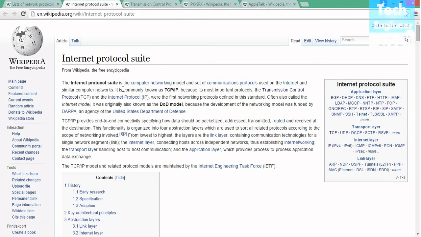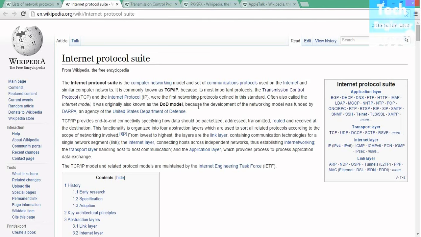It's also commonly known as TCP/IP because it's the most important protocol; the Transmission Control Protocol and the Internet Protocol were the first networking protocols defined in the standard. It is often called the internet model, and was originally known as the DoD model, because the Department of Defense created this protocol.